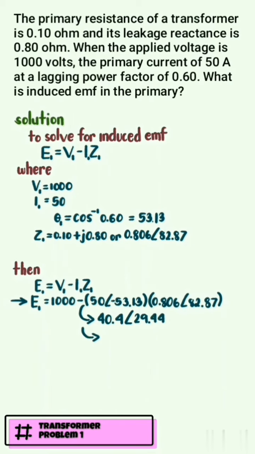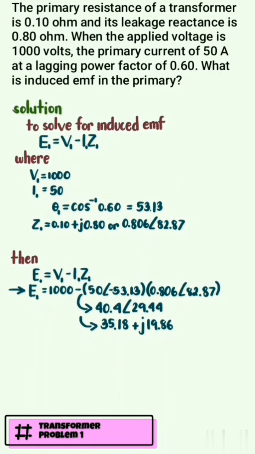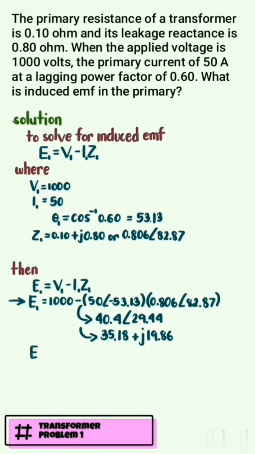Transforming this to rectangular form, we have the value of 35.18 plus j19.86. So we can now directly solve for E1, that is equal to 1000 minus (35.18 plus j19.86).